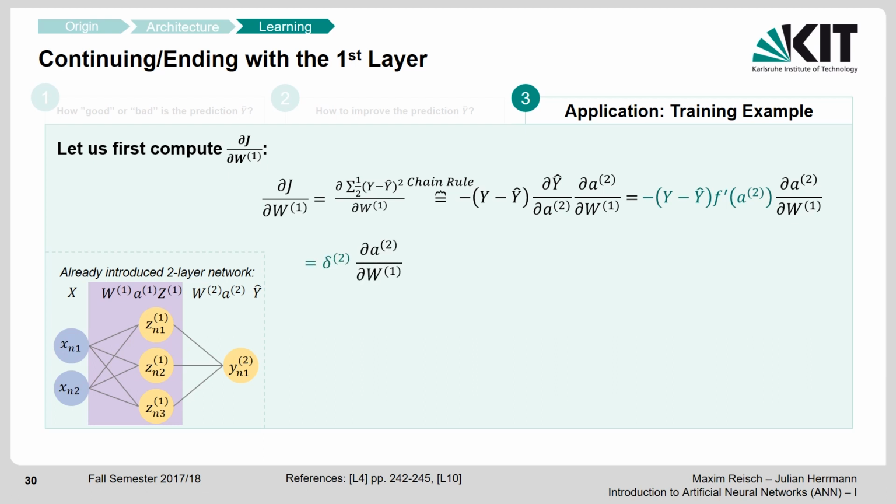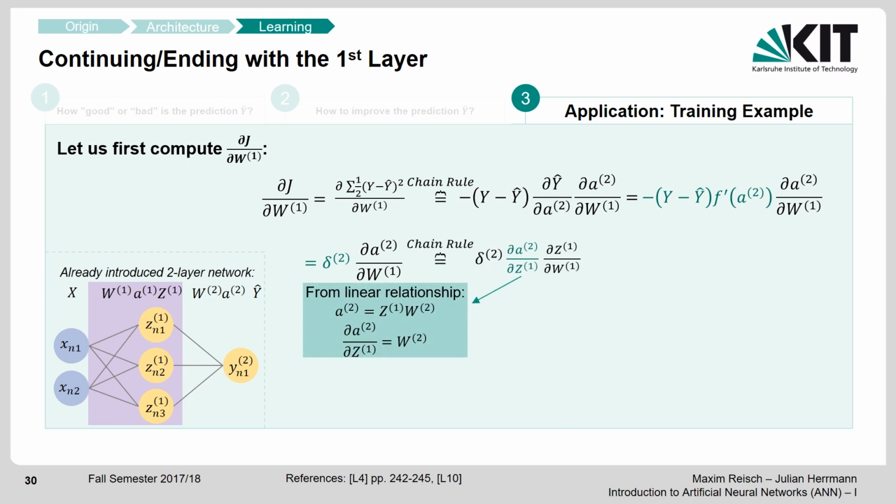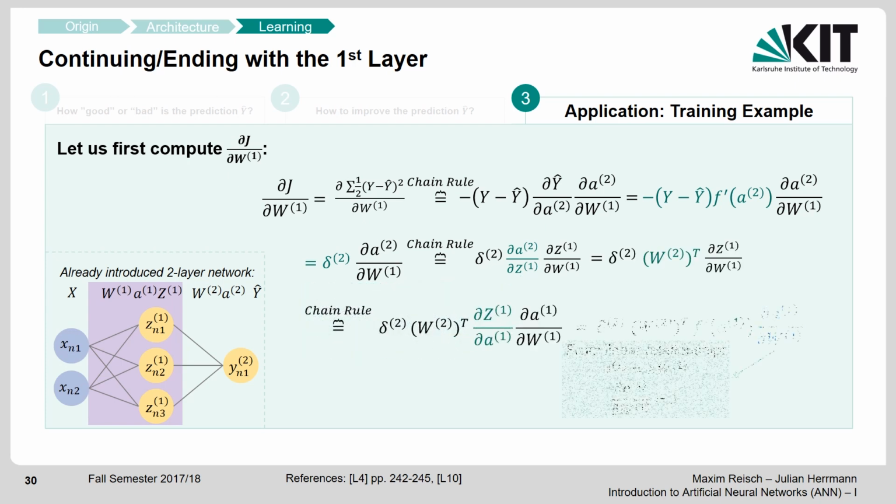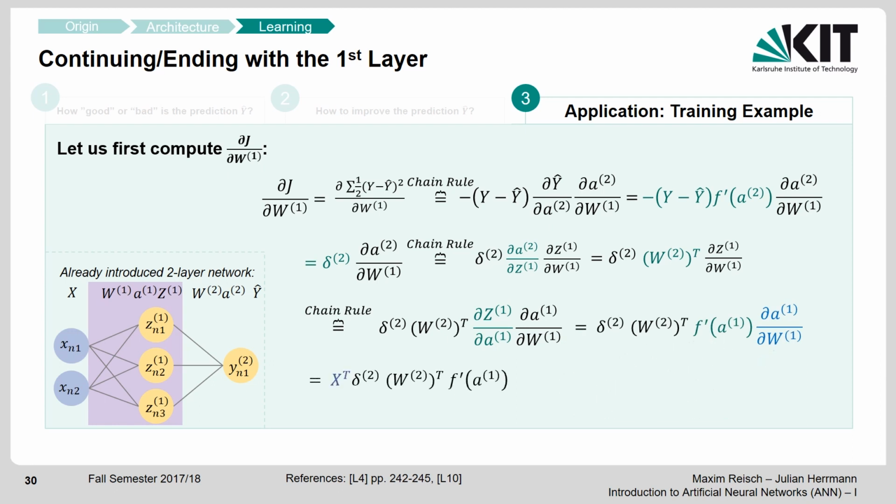There is still a linear relationship along each synapse, so we get the derivative for da2/dz1, which is W2. Applying again the chain rule and using the linear relationship, we get the following expression. We define a new parameter delta 1, and we get our final equation for dJ/dW1.